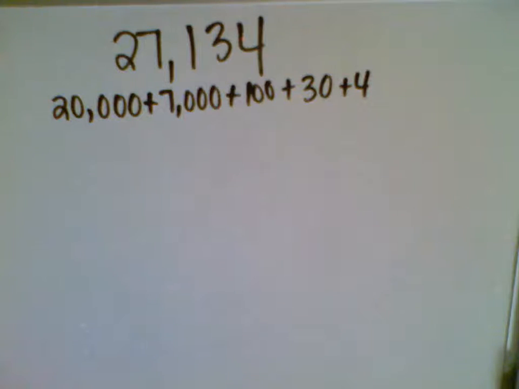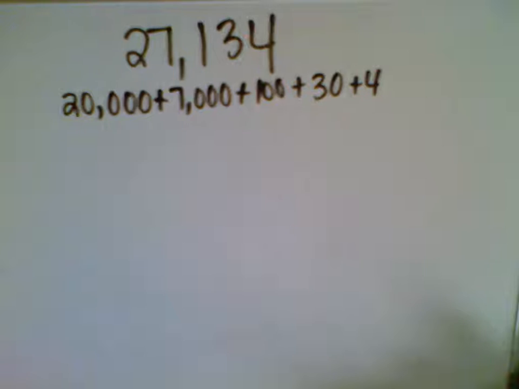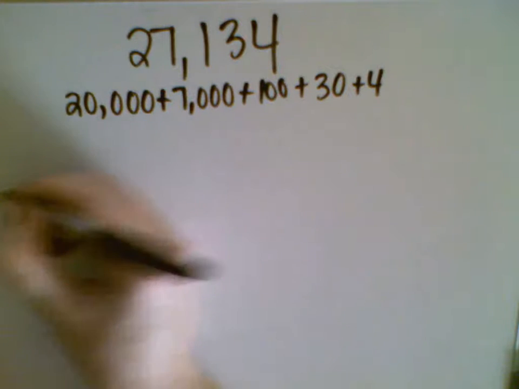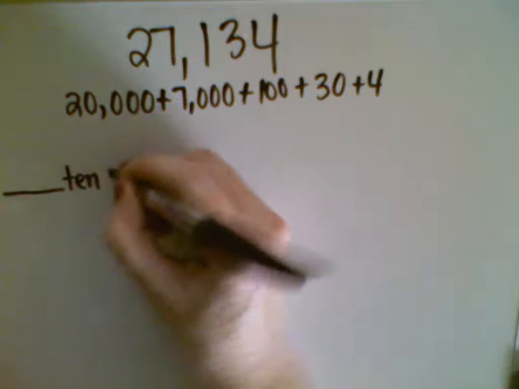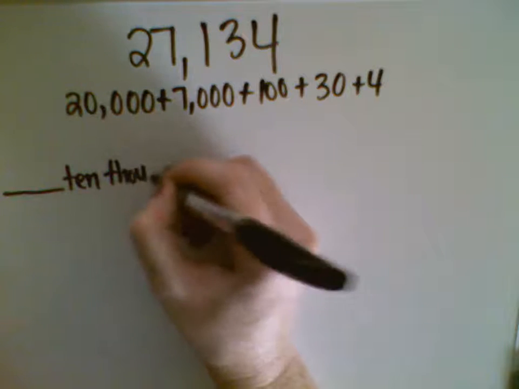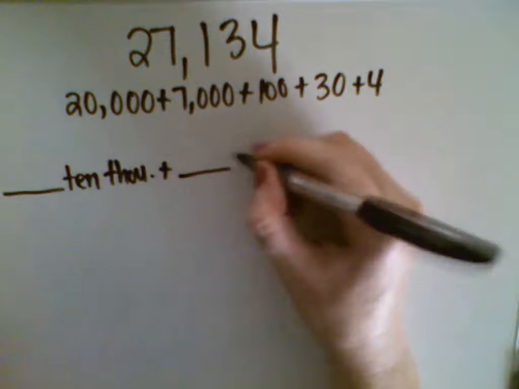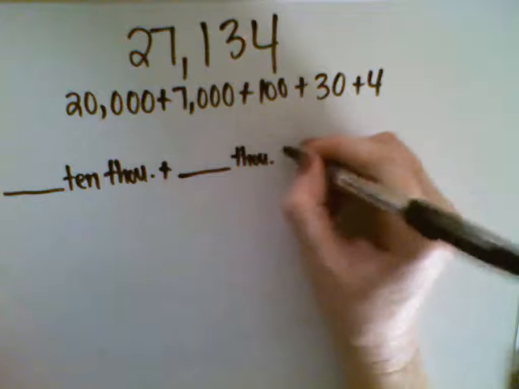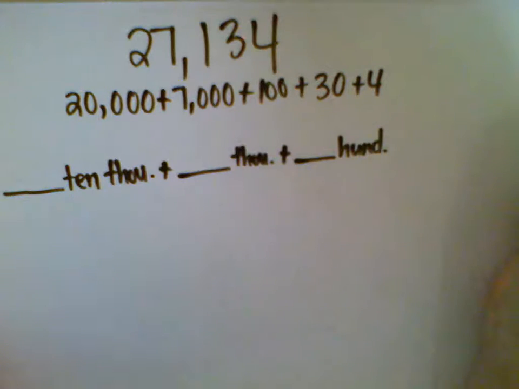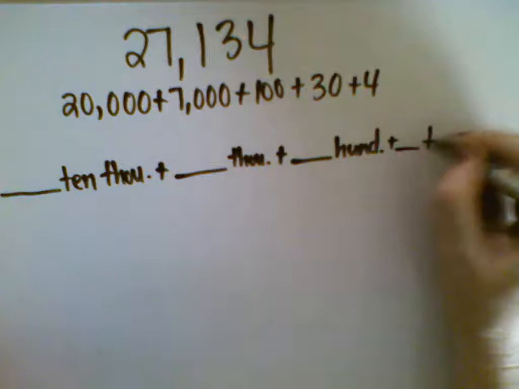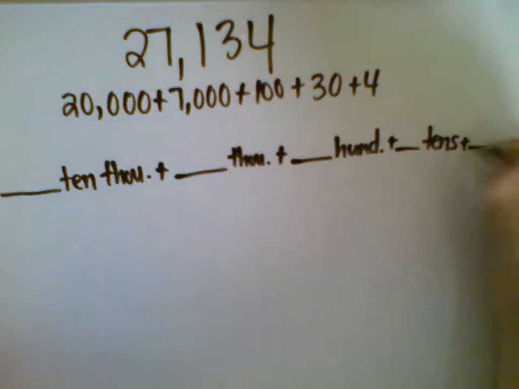Sometimes, though, you might encounter questions that you might think look confusing, but you can do it, okay? So first, I want to have you look at this. So you might see a problem that has a blank line here, and it says 10,000s, and I'm going to abbreviate, so 10 thou plus blank thou plus blank hund, which is an abbreviation for 100, plus blank tens, plus blank ones.